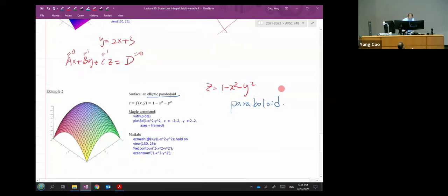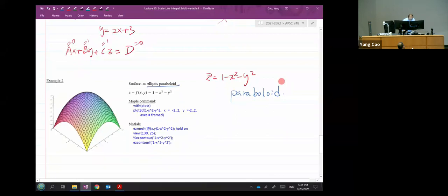So let's say, for example, I give you a different function, z equal to x squared plus y squared. This one is certainly different, but if I use similar thinking, if I know this is what a paraboloid looks like, then how would z equal to x squared plus y squared look? What would be the critical point?